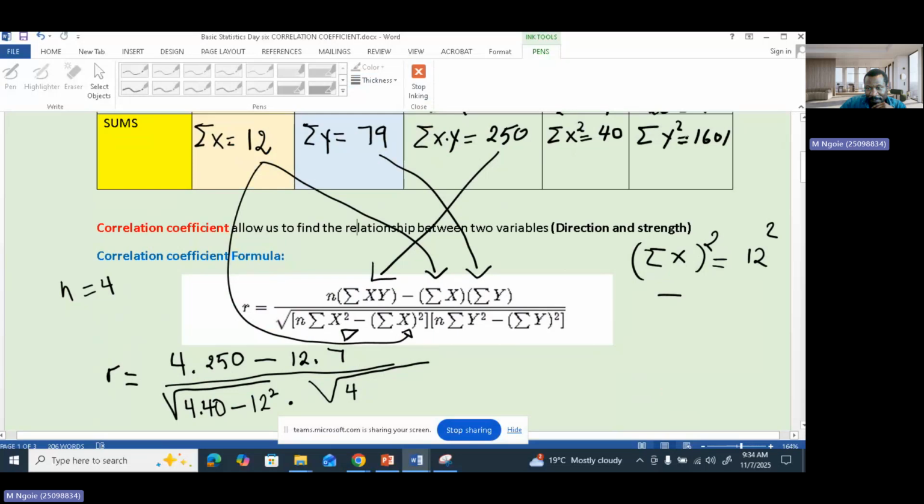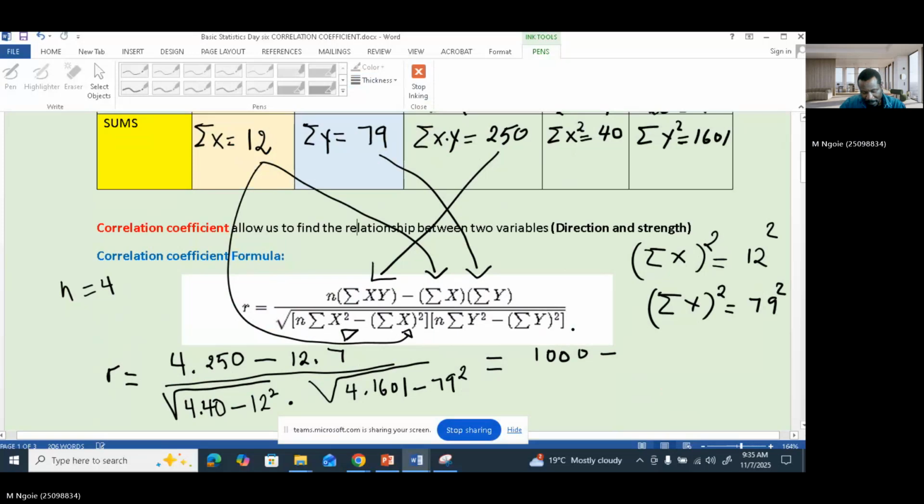The sum of y squared is 1601, minus the sum of y, everything squared, which is 79 squared. And here it's going to be 1000 minus 12 times 7, that's going to be 84.